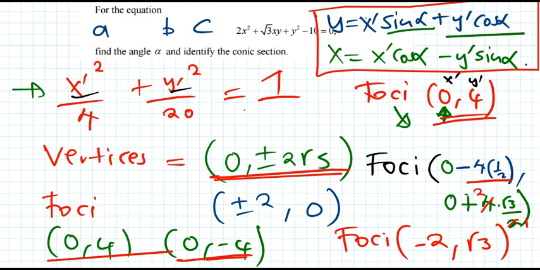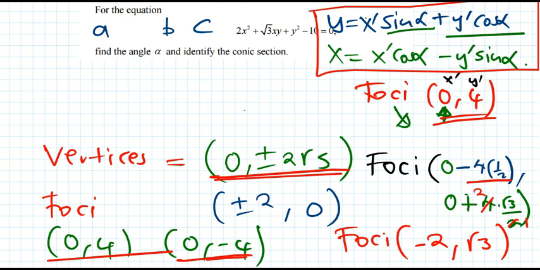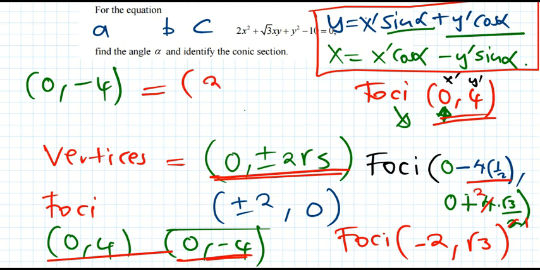Okay, so now your exercise is to pause the video and go as far as converting all the vertices to that form. The values that you should end up with for the other foci value, 0, negative 4, if you substitute in that formula, the coordinate is going to become what? 2, negative 2 root 3.